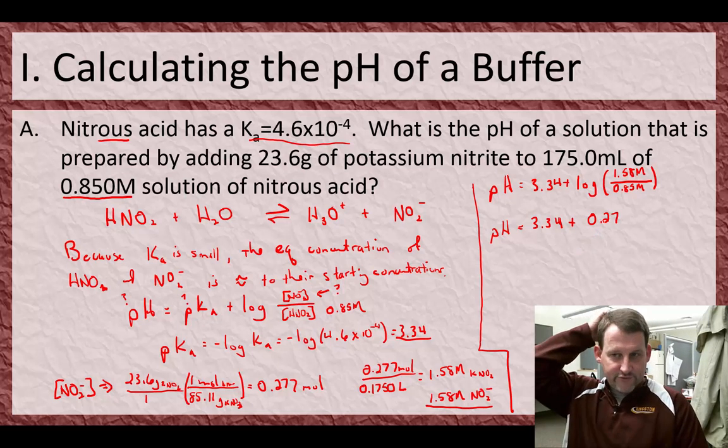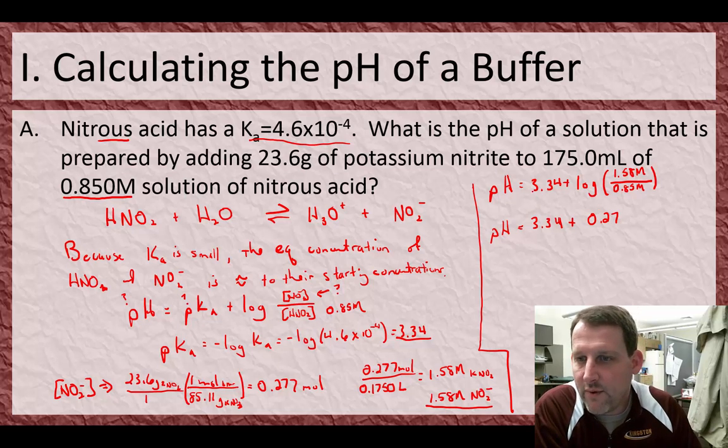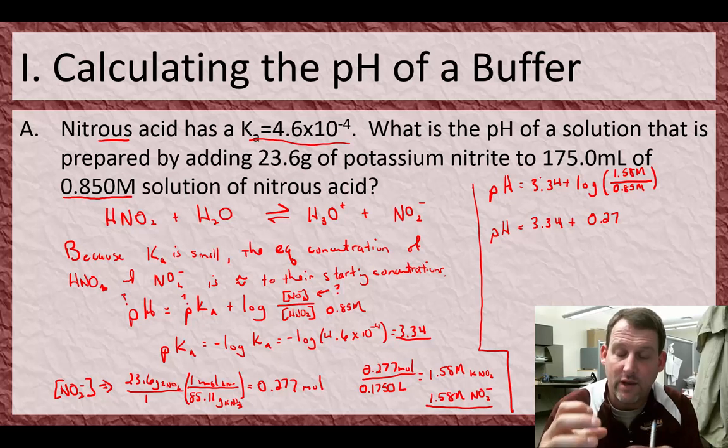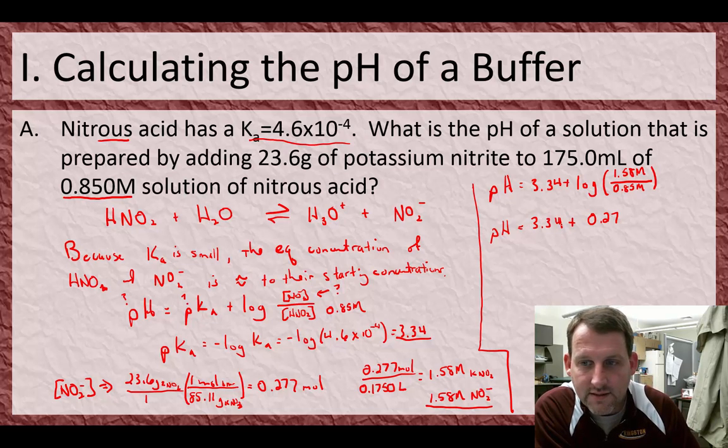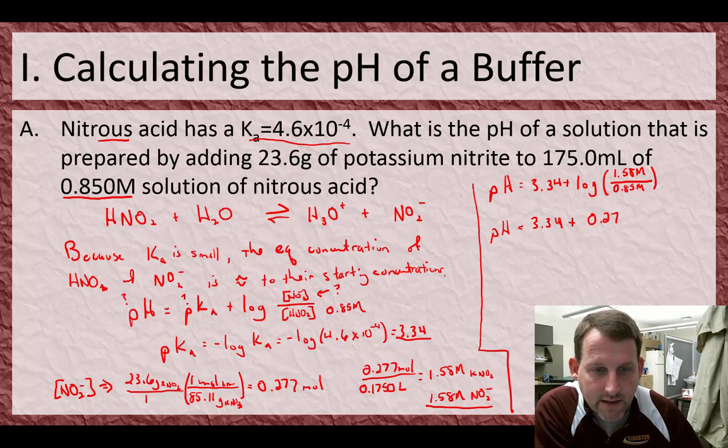Now this part's interesting. So this part of the equation gives you the pH at optimum conditions, when they're both equal concentrations. This gives you the change in pH due to the fact that they're not totally balanced. So this is going to be 0.27 higher of a pH than what it would be if they were balanced, equal concentrations. And that makes sense because we added in a bunch of NO2 minus, which is the conjugate base, and this one's the acid.